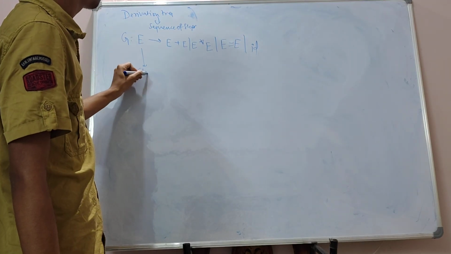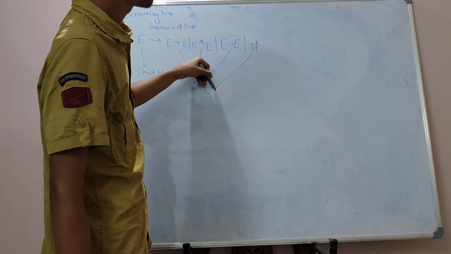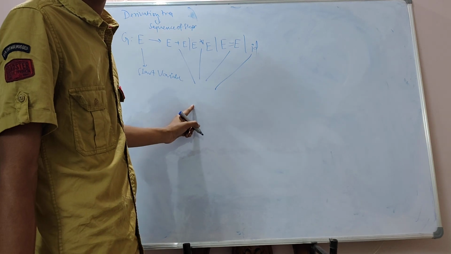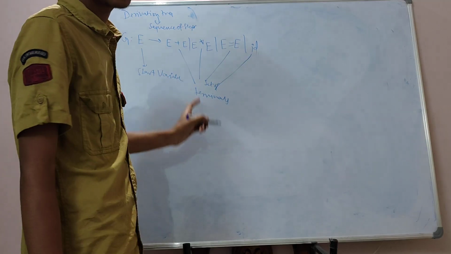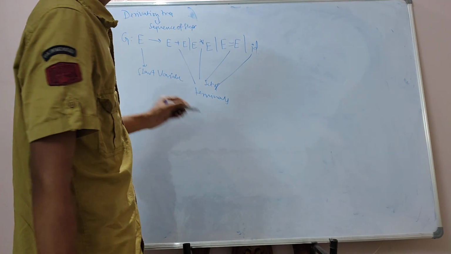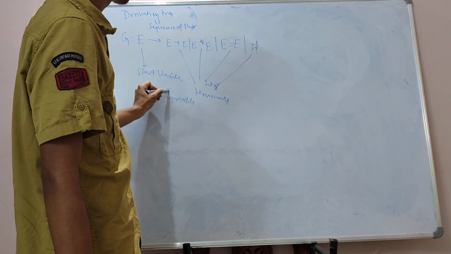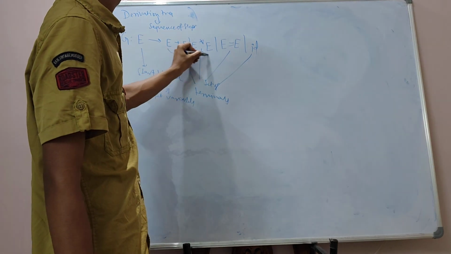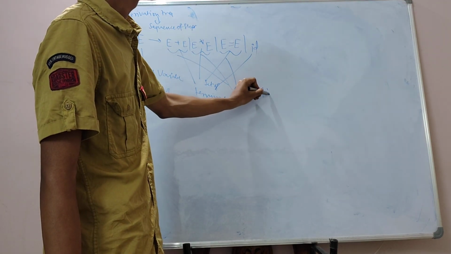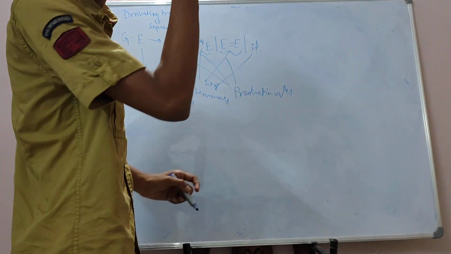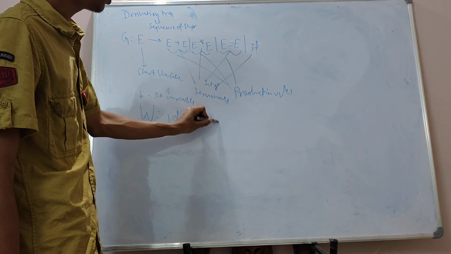E is my start variable, these are my set of terminals, capital E is my set of variables, and these all are my production rules.